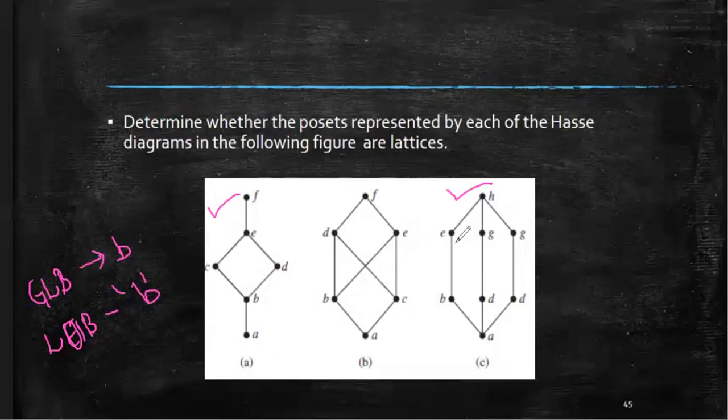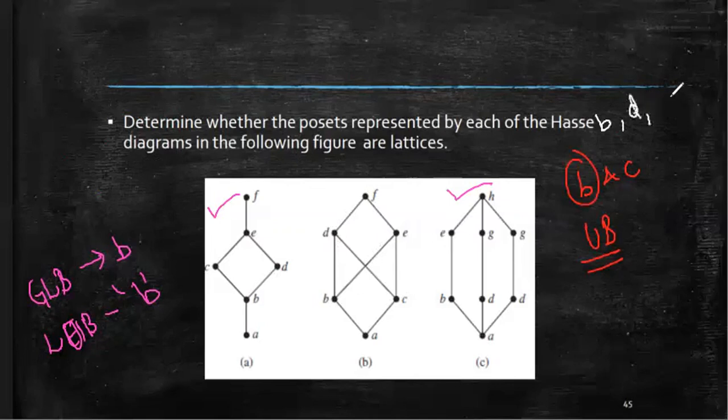Now what about the case of Hasse diagram B? Suppose we take the example of B and C. They lie at the same level, and if I am taking B and C, what will be the upper bound of B and C? For B it will be B itself, then we have D, E and F. What about C?